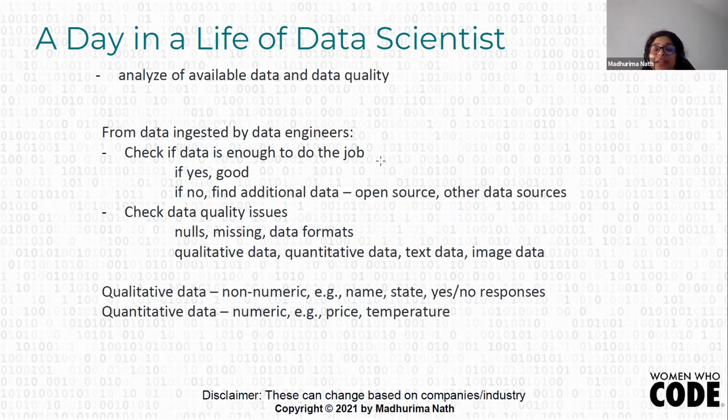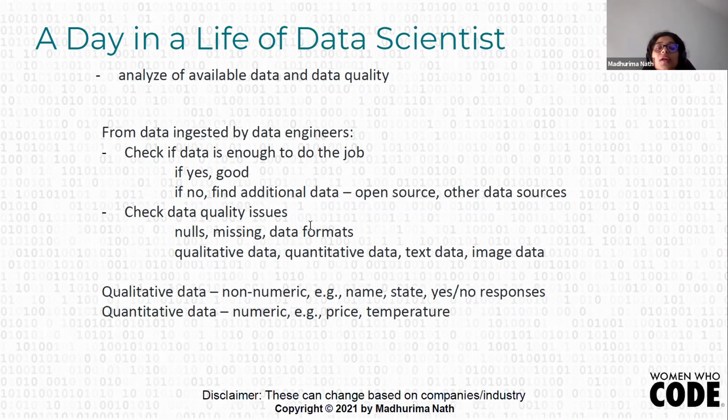Even though the data engineer has brought in and consolidated all the data, as a data scientist you would need to do lots of analysis, quality checks, cleansing and imputation, and so on and so forth, to figure out whether the data the data engineer has brought is going to answer the end goal that I am trying to solve. If not, then how do I do this? So that's the major portion.